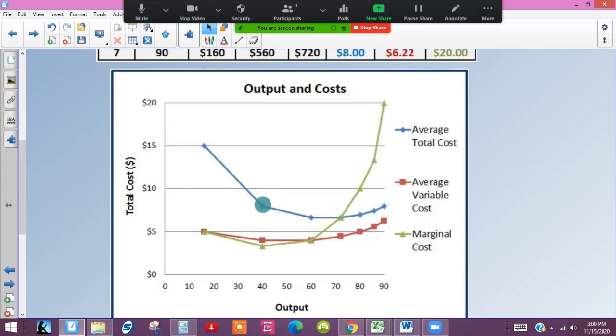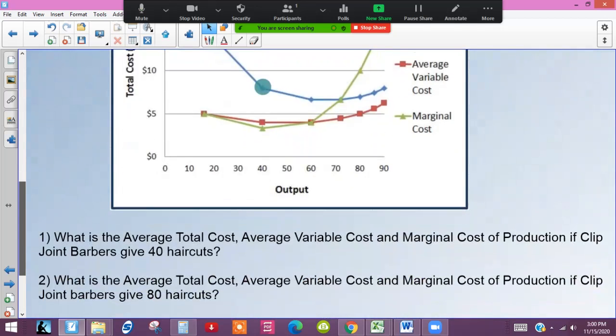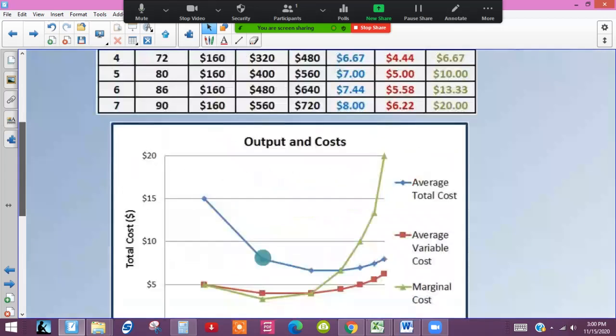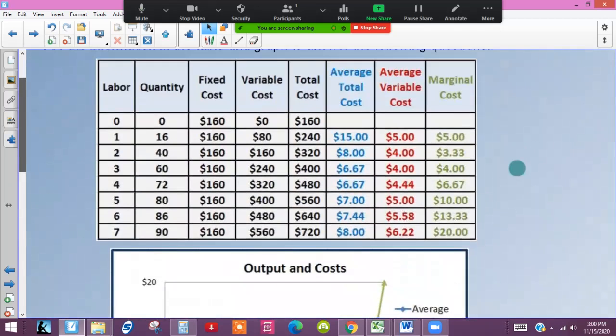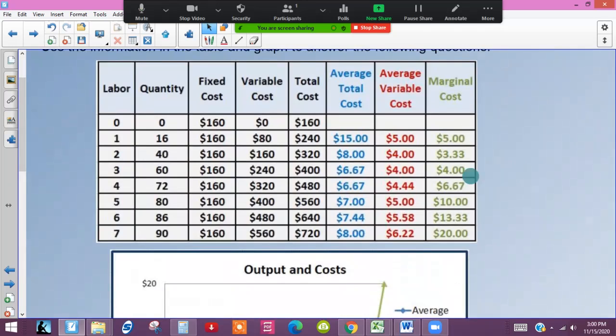In order to get the exact answers, we're going to have to do some math from your table. So we're looking at 40 haircuts, this row right here of 40.